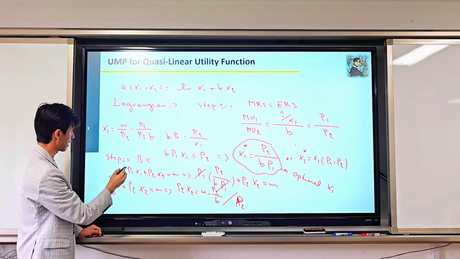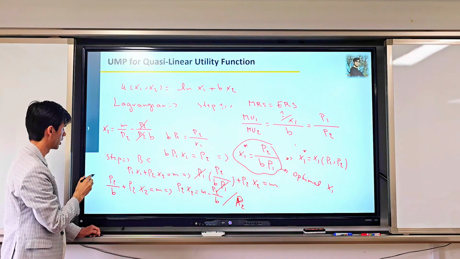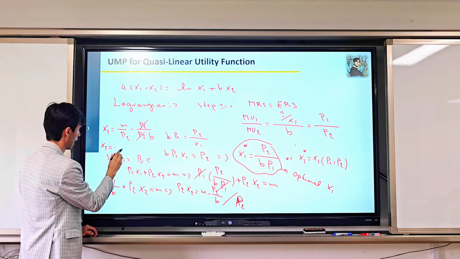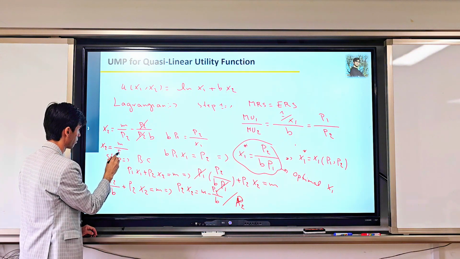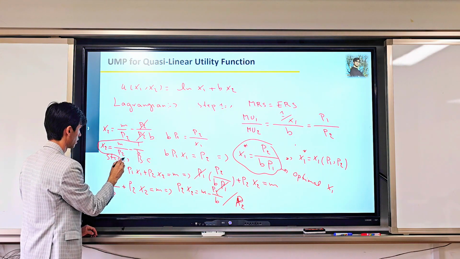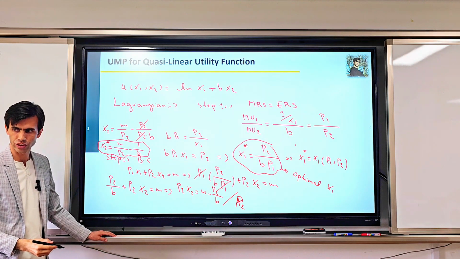Then this p2 with this p2 will cancel out. So we only have x2 equal to m divided by p2 minus 1 over b. So this is the optimal level of x2.